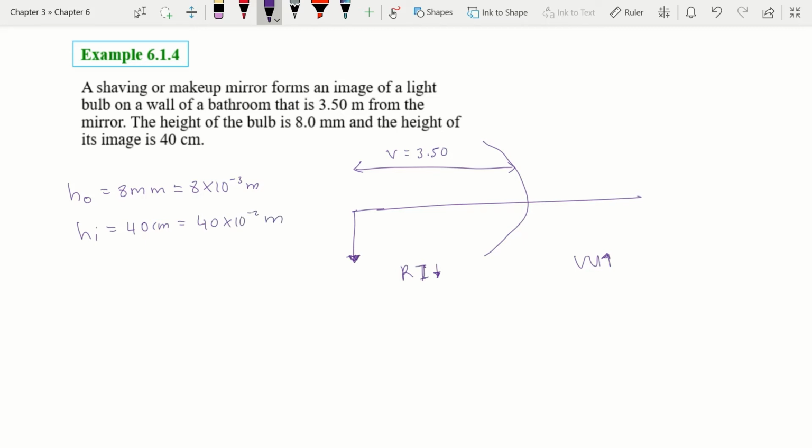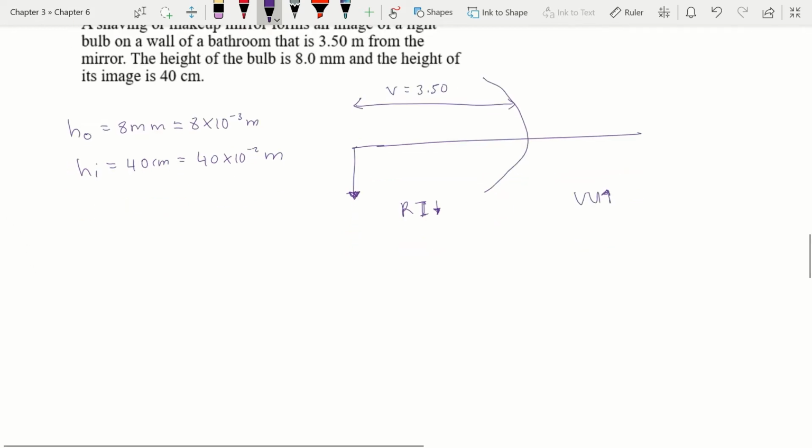As you can see here, the image is larger than the object, so there is magnification. It is magnified because height of image is larger than height of object. Therefore, you will get your image large but inverted and real. Okay, now let's look at the question.